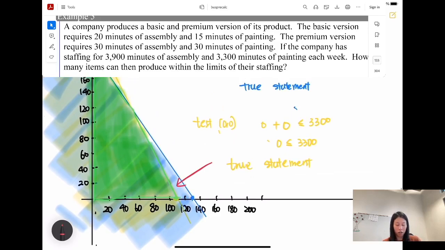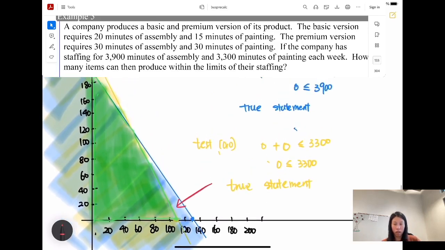Also, another thing is, since this is a real life problem, you cannot have negative minutes. So that means everything has to be greater than or equal to 0. So what does that mean?